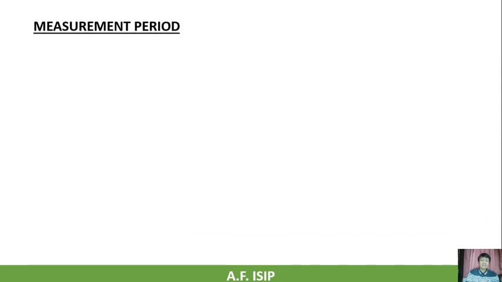So let's proceed to the next topic that I have mentioned in the beginning of this lecture, that is measurement period. Measurement period is the period allotted to the acquirer to do some measurement of some pending items during the business combination. Because today it is normal when you acquire a business, you may encounter some problems when it comes to accounting records.